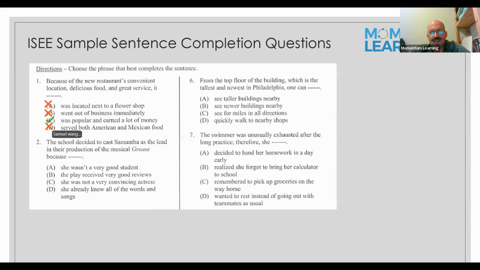Now, Lily, and I know Samuel's helped you out a little bit, but Lily, which one of those is a definite wrong answer? So it says it has a convenient location, it says it has delicious food, and it says it has great service. So which one of those is a definite wrong answer?